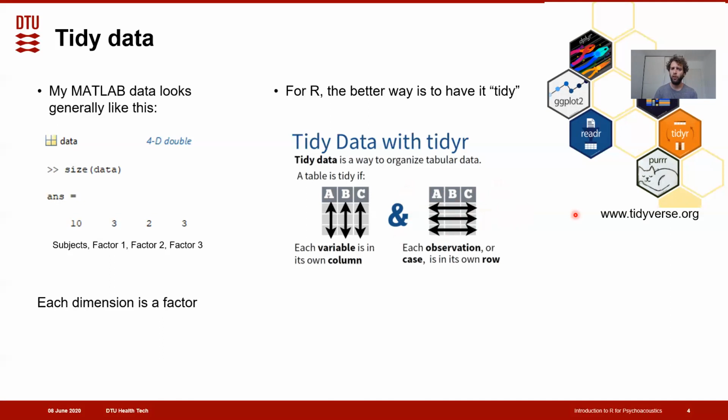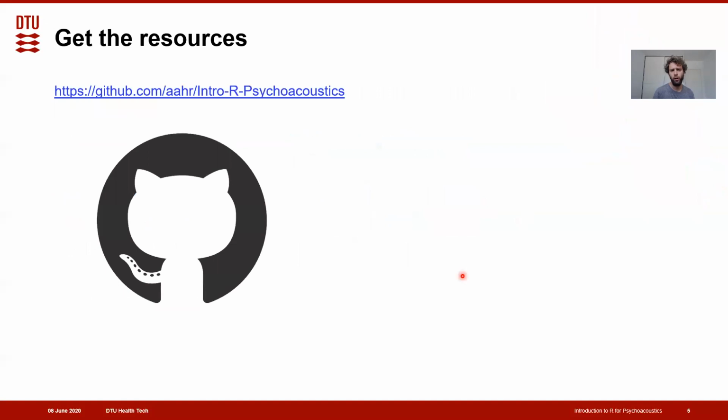So that's the nice way on how you can structure your data, but we need to move somehow from this MATLAB matrix style to a tabular style as we need this for R. And before we go into the code, I uploaded all the data onto GitHub, so you can find all the code here.